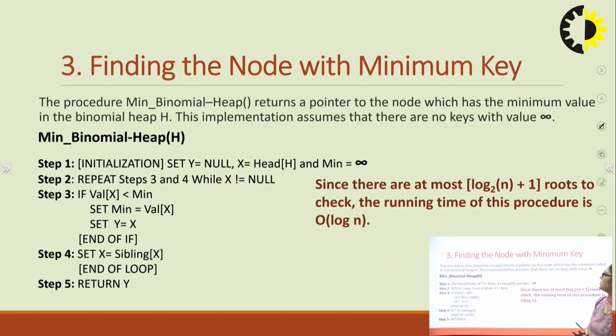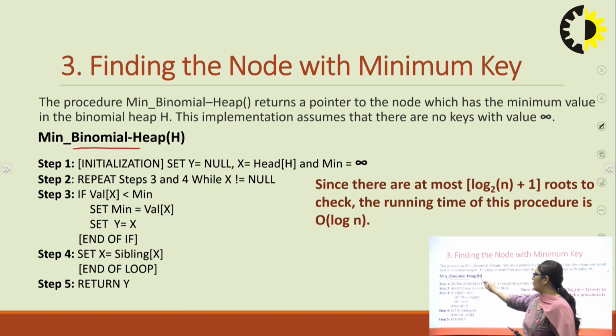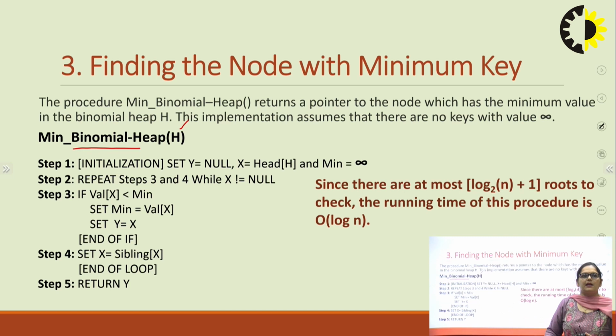So the next operation of the binomial heap is finding the node with the minimum value. For this we use the procedure Min-Binomial-Heap for a given binomial heap H. In this operation, first we initialize three variables: x, which points to the head of the binomial heap, the variable y, which is initialized to null, and the variable min, which is initially set to an infinite value.